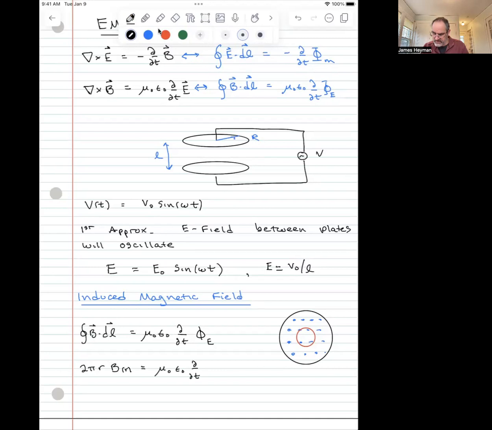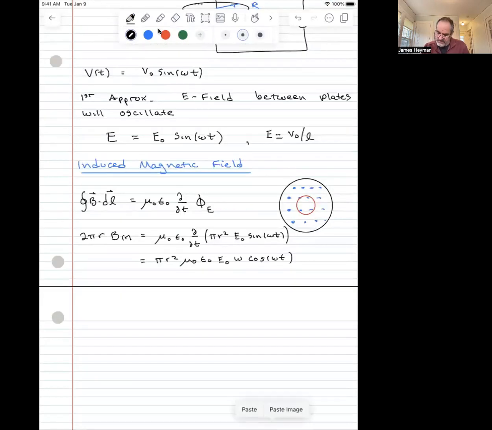And the electric flux, we assume, is just equal to the area enclosed by the loop, pi r squared, times the electric field there, E0 sine of omega t. Okay? And simplifying this, we get pi r squared mu naught epsilon naught times E0 times the rate of change of sine of omega t, which is just omega times cosine of omega t.